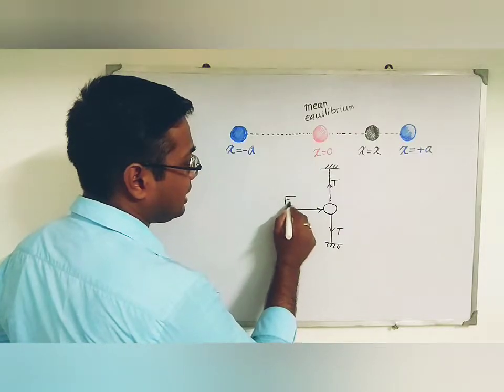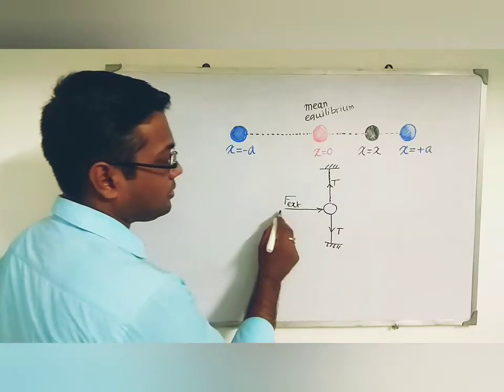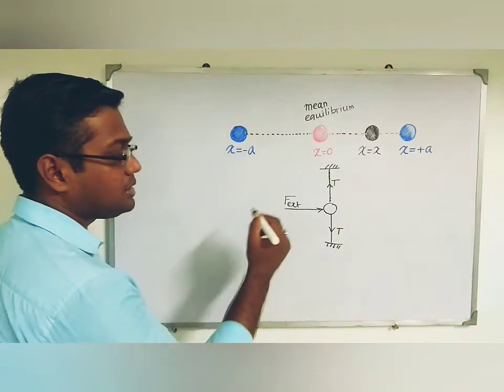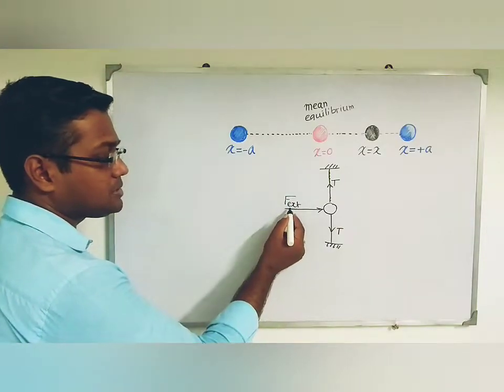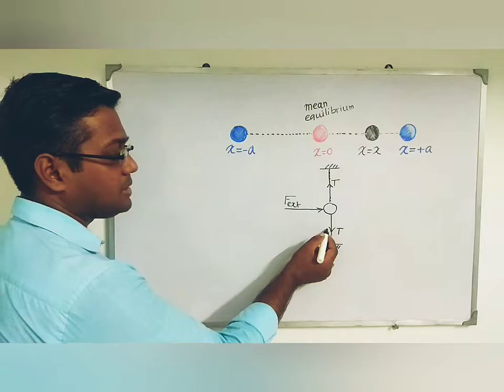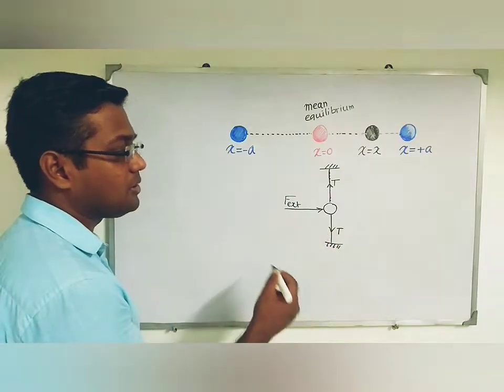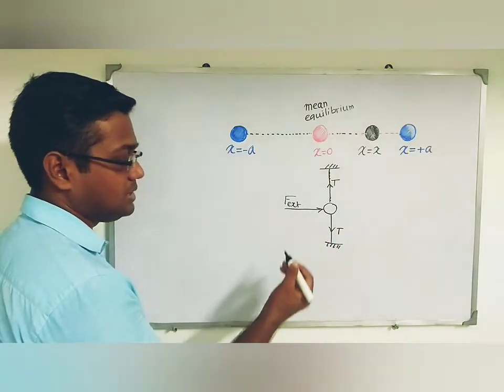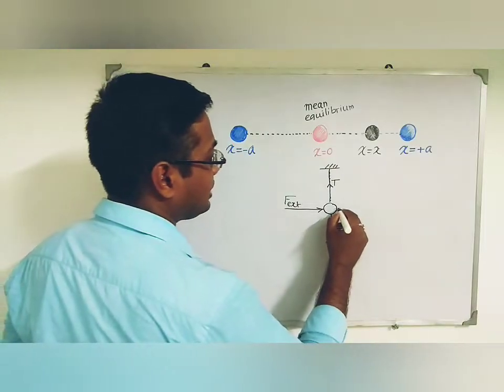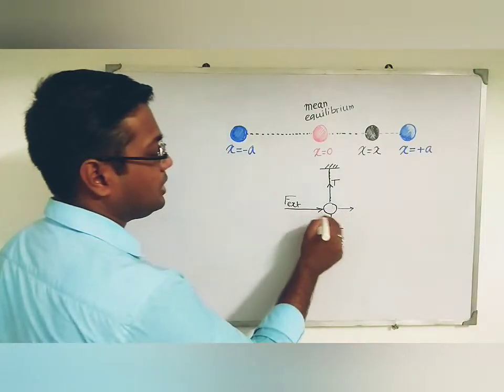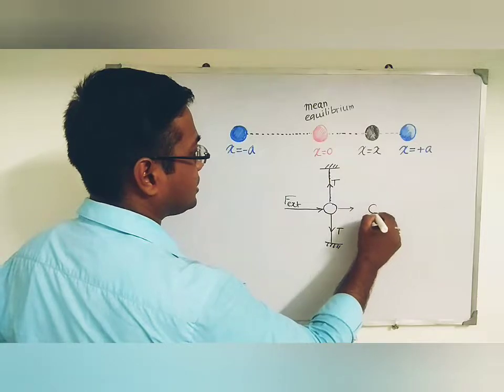If I consider an external force acting on it from left to right, then under the action of the external force, capital T and this capital T, a resultant force generates in that direction. So this body moves in that direction.